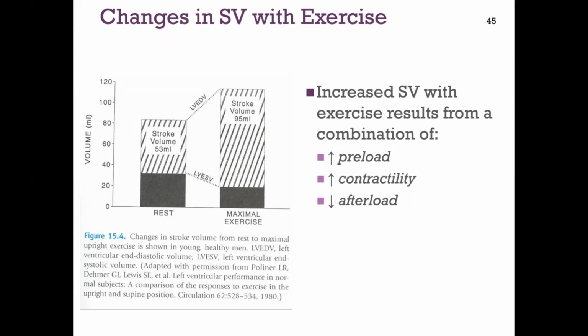Well, the more that I can increase blood flow coming into the heart and the more that I can pump out each time I contract my heart is going to increase our stroke volume. We also are decreasing the afterload, the pressure that is on the other side of our valves as our blood is leaving our heart. So, if we can decrease that pressure through exercise as well, we can also get an increase in our stroke volume.